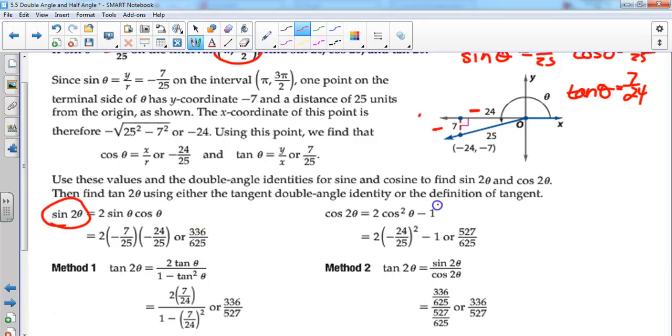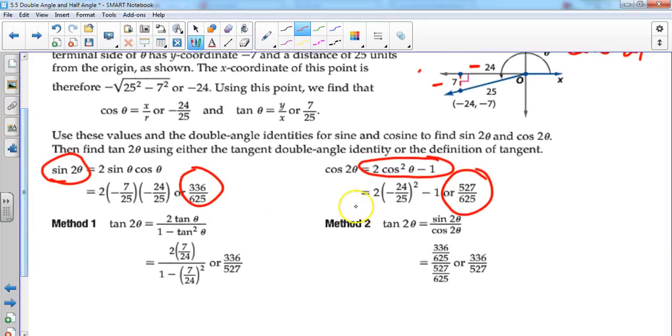Cosine of 2 theta, they use this one. I don't know why they chose that one out of the 3 trades you can make. And then they put the value that we found up here for cosine in and simplified it down. We're going to do one in a minute, so I'm not going to go through it too extensively. But then for tangent, they said, well, we could put all those values in and simplify that mess.